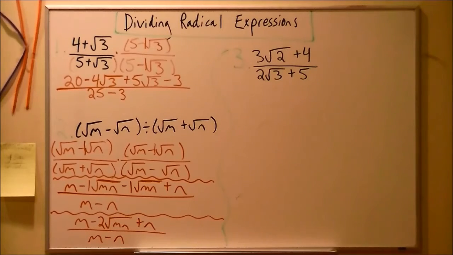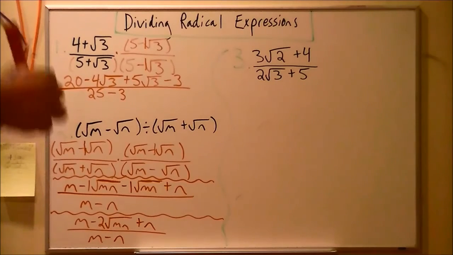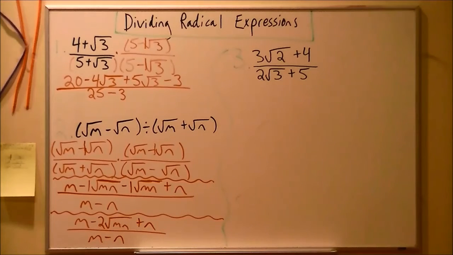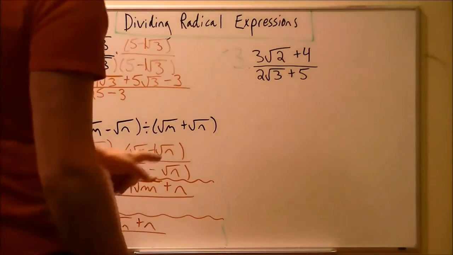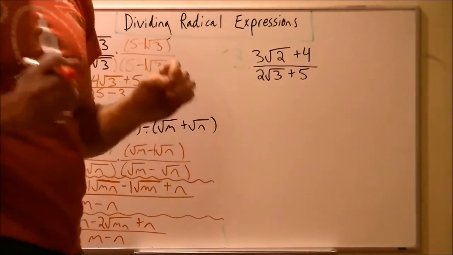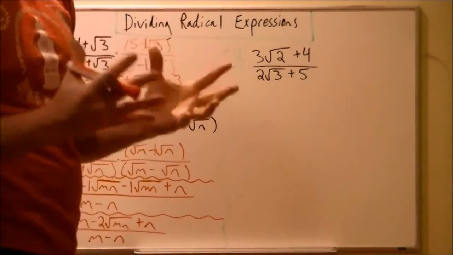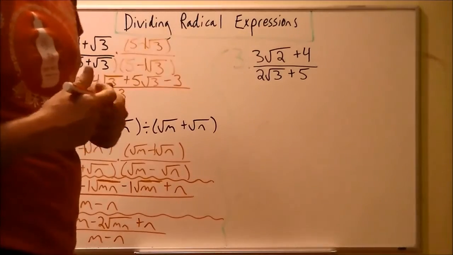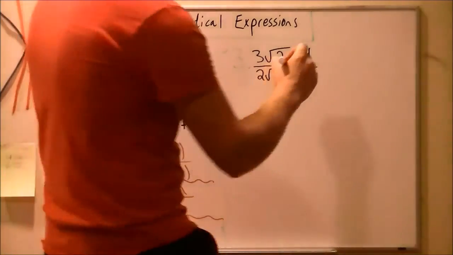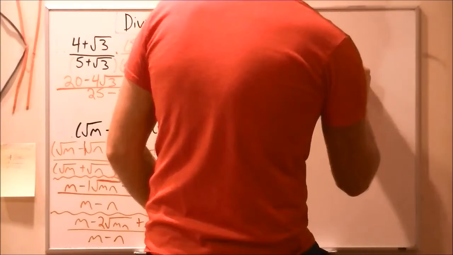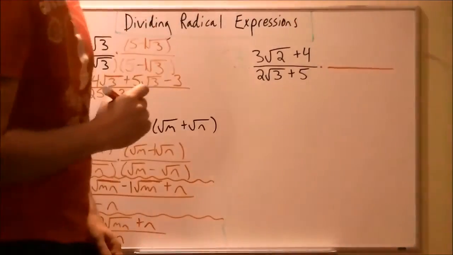What do you think? Now recall, the way I get rid of a radical, and the only way I can do it in expressions, meaning I'm dealing with binomials, is to multiply that denominator by its conjugate, which is the same terms, just with a different sign in the middle. So I'm going to set up my multiplication, my division line.